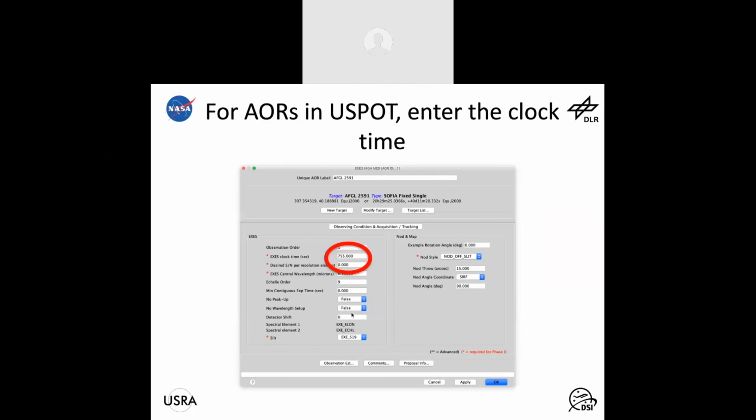So going into USPOT, when you're making an AOR, this is what you're entering. You're entering the EXES clock time determined from the ETC, that's 755 seconds. And then, because this is a point source, there's going to be a procedure where we nod the slit, or jog the slit around the position of the source until we maximize the flux coming through it.